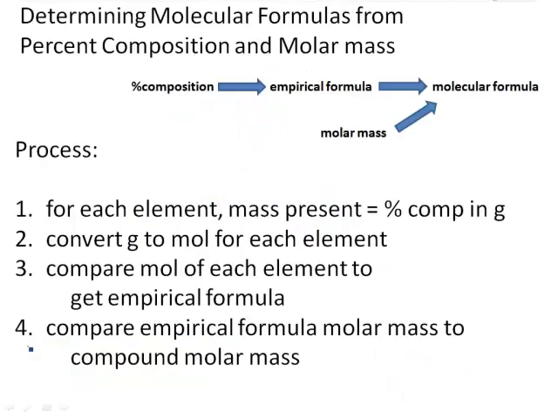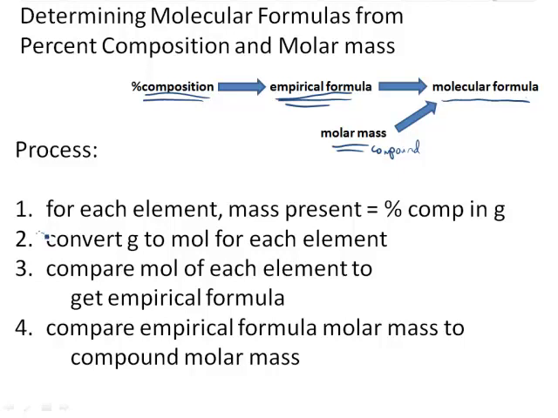Okay, so let's look at an example for this and also how to do it. To figure out the molecular formula for a compound, you use the percent composition data. That gives you the empirical formula. We did that a couple minutes ago. You combine the empirical formula with the molar mass for the compound, which is done by mass spectrometry, by an experiment, and that gives you the molecular formula.